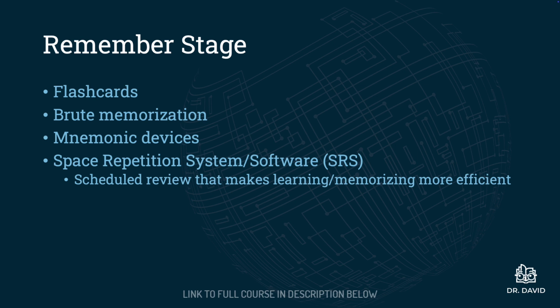For the remember stage, the number one tool that I recommend for everyone is flashcards. Through the process of creating your own flashcards and then committing that information, those facts, ideas, and concepts, to memory, you are laying that foundation. Bloom's taxonomy is a pyramid, and the foundational level is remembering.